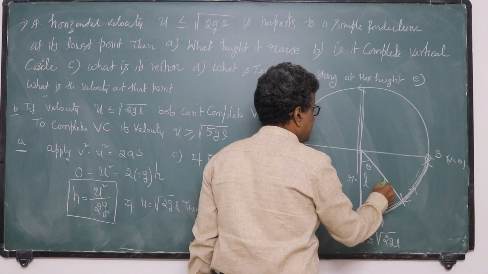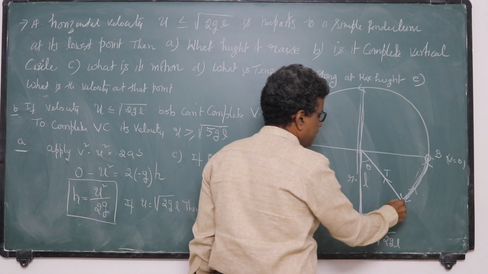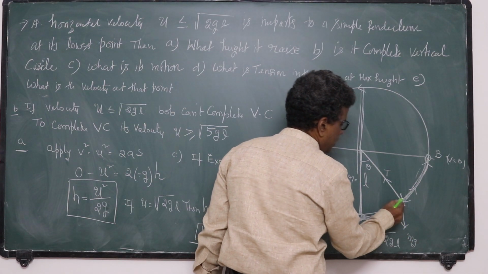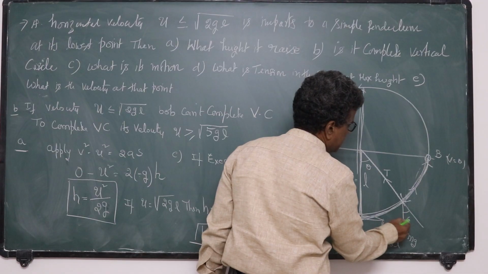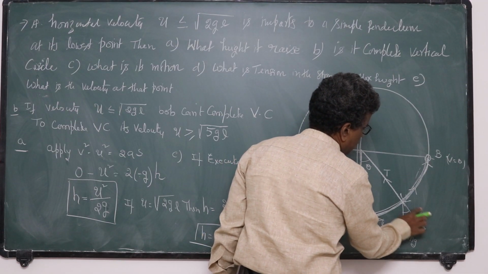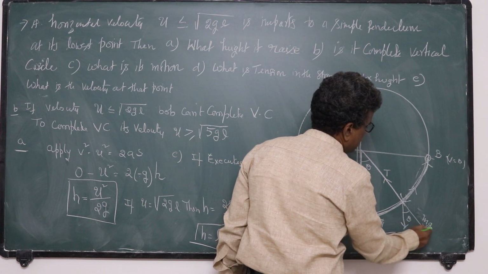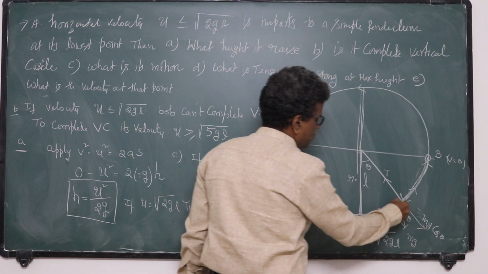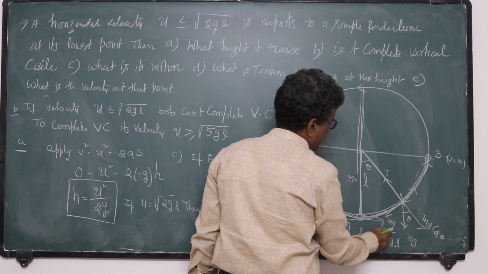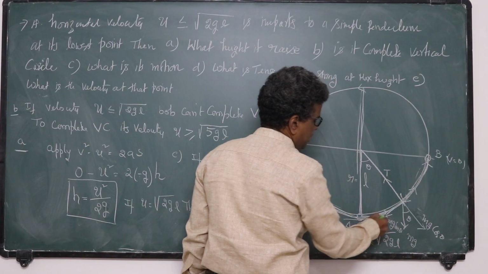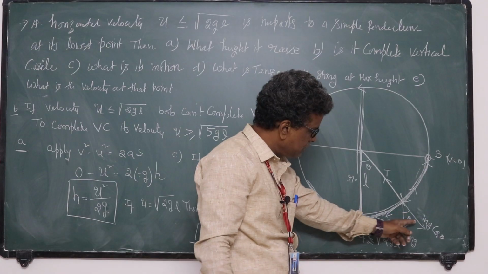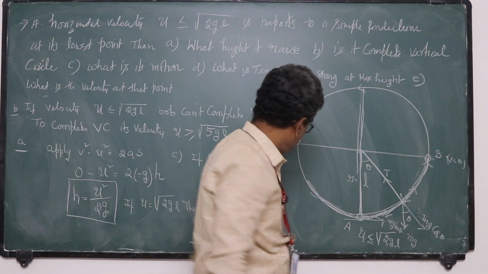What is the tension in this string? Let it be T. Here the components are weight mg and its component; if this angle is theta, this angle is also theta. So tension T is equal to mg cos theta, and the tangential acceleration is mg sin theta. So it is retarded. So tension at the extreme position is mg cos theta.